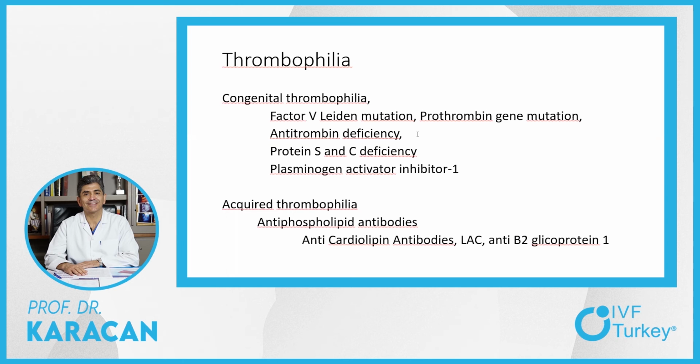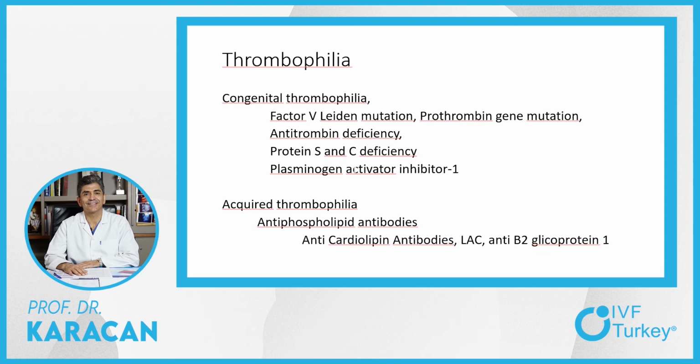I'd like to mention briefly factor V Leiden mutation, protein S, protein C deficiency, and all other factors. These are so-called congenital thrombophilia. Having this problem might cause thrombosis, some clotting in the product of pregnancy, and prevents the embryo from growing. So these should be screened in women with RIF.